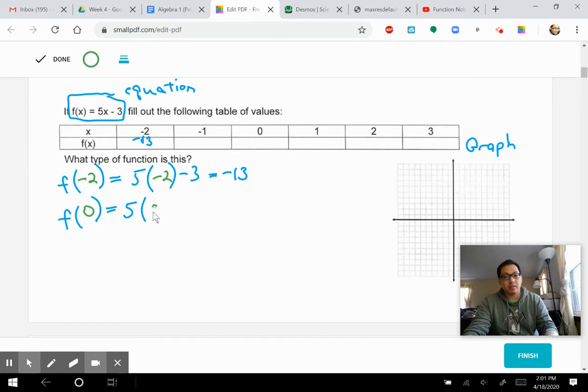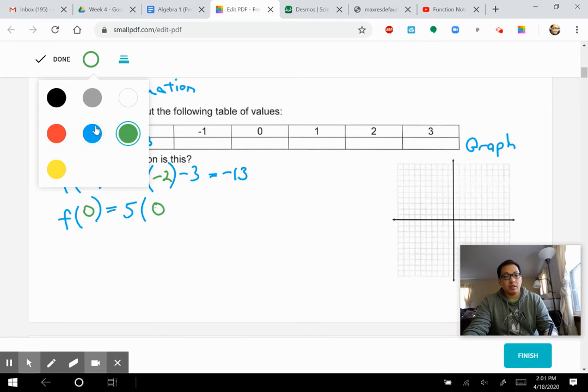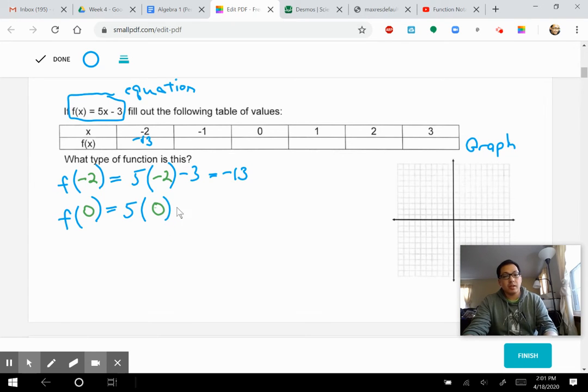Good enough. 5 times 0 minus 3. Okay, 5 times 0, again, anything times 0 is 0, minus 3, so we get -3. So our value for f of 0 is going to be -3.